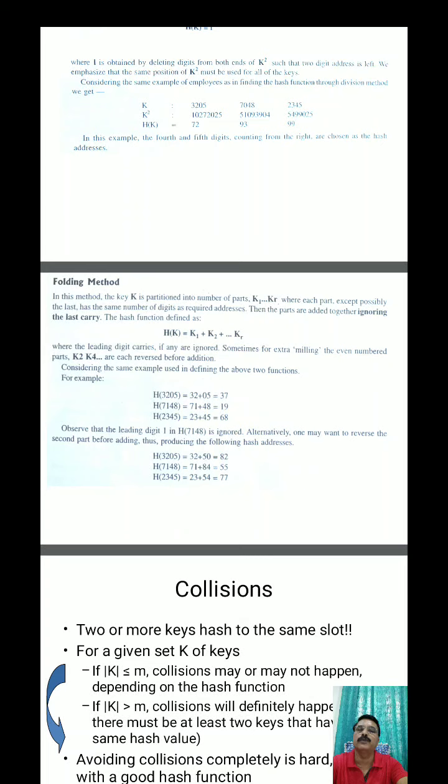Alternatively, we may want to reverse the second part before adding, thus producing the following hash addresses: h of 3205 equal to 32 plus 50 equal to 82, h of 7148 equal to 71 plus 84, that is 155. Here the carry is ignored after addition, therefore 155 will be taken as 55. h of 2345 equal to 23 plus 54, that is equal to 77. So that's about hash functions. Thank you.